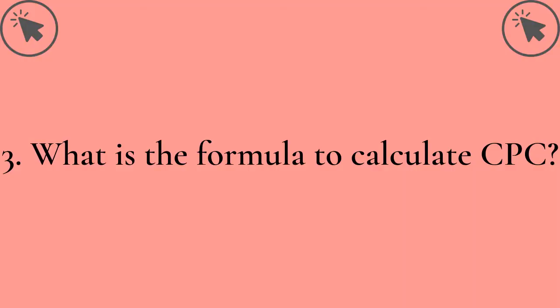Next, let's understand the formula to calculate cost per click. The formula used by Google AdWords for CPC is determined based on your quality score. Now, what's a quality score? A quality score is just a rating that's provided to you based on the kind of advertising that you've done and the relevance that it entails.